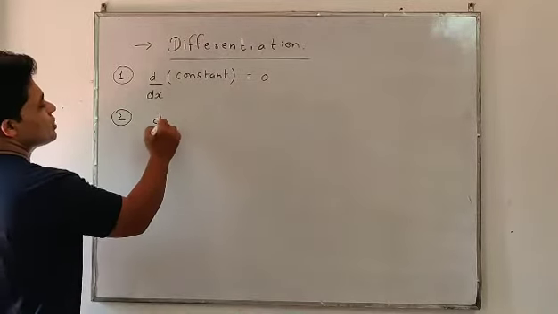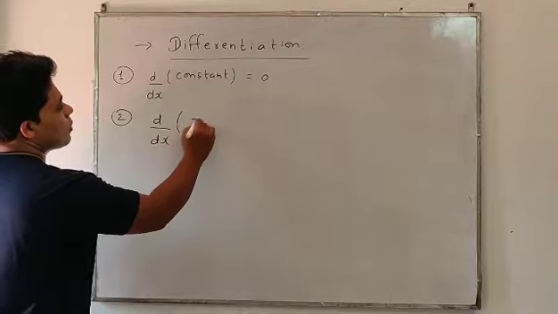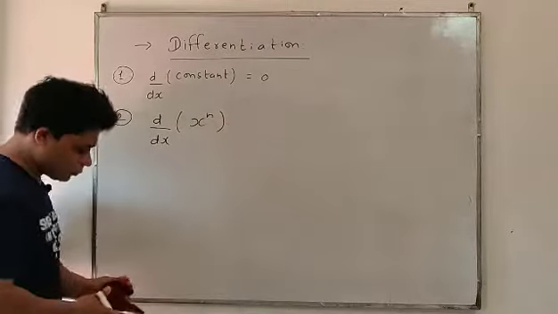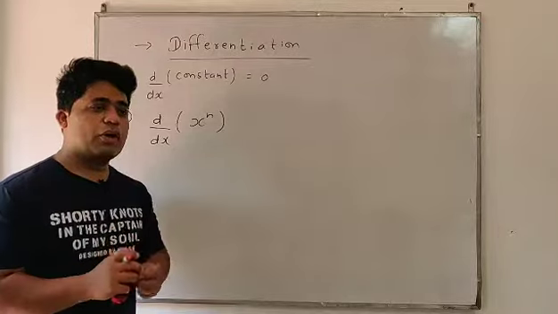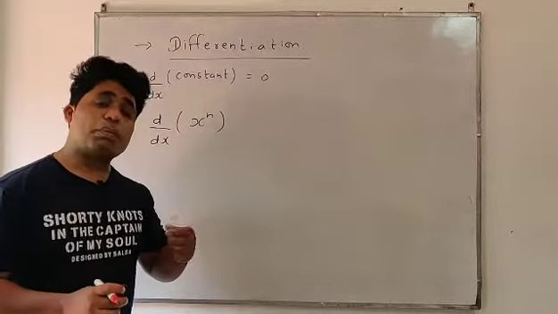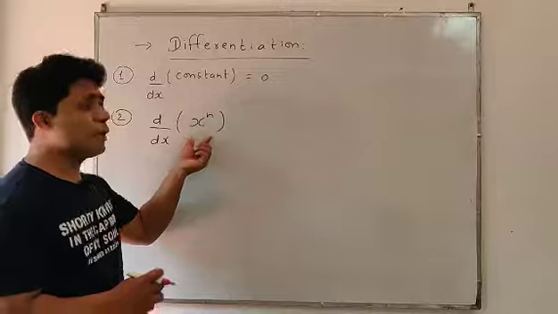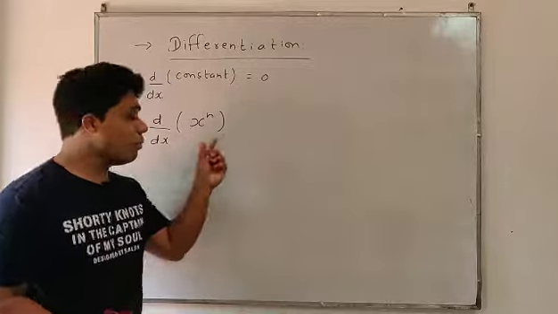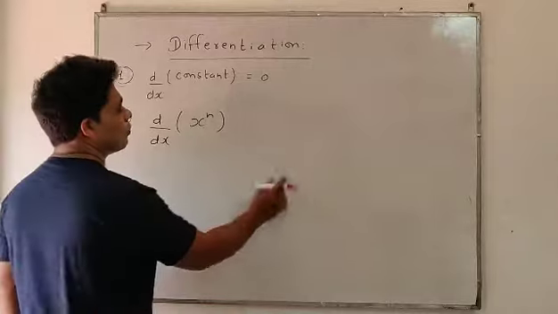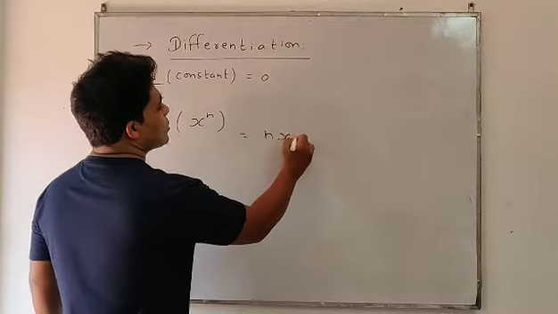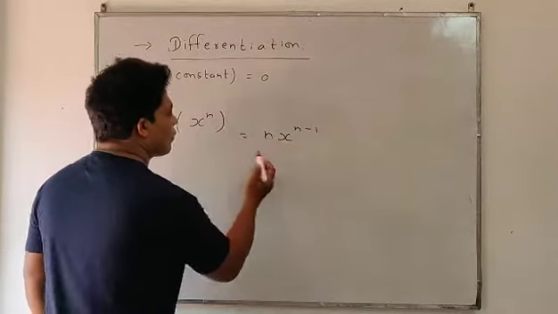Now students, the second formula is d by dx of x to the power n. That is one of the most important formulas in physics, for solving numericals and derivations. Mostly we'll use this formula, d by dx of x to the power n, equals n x to the power n minus 1.